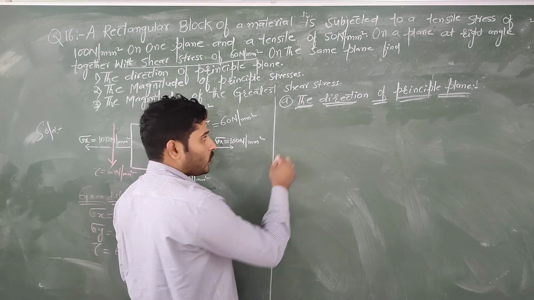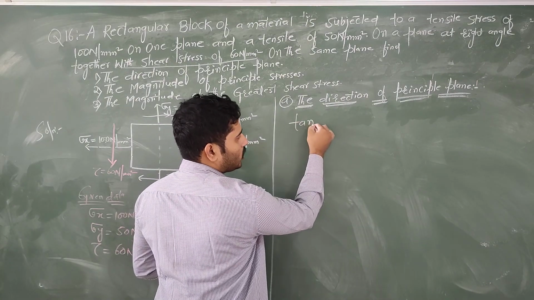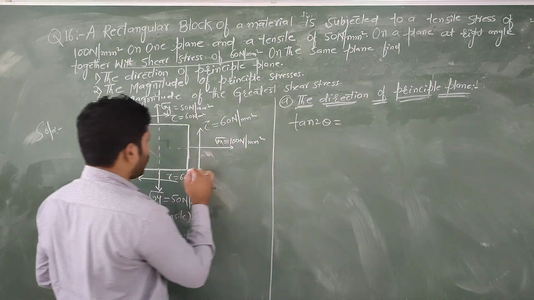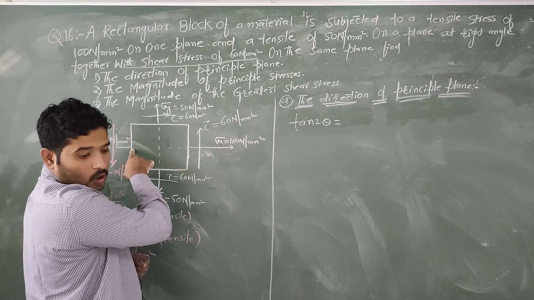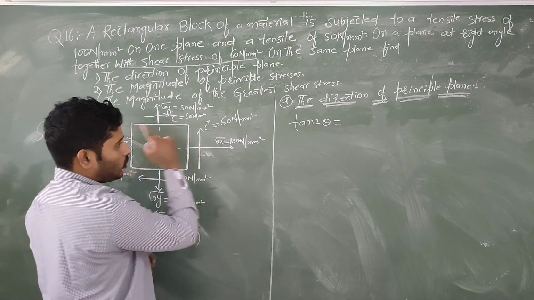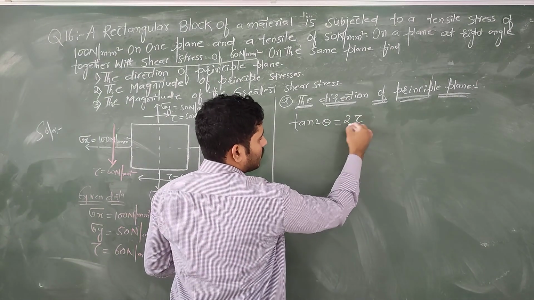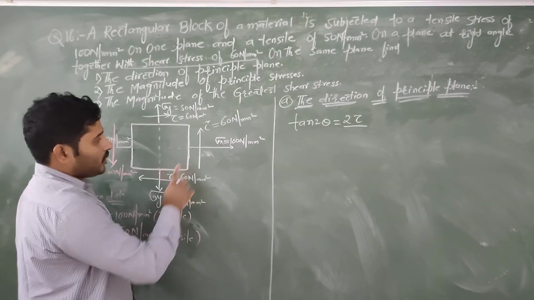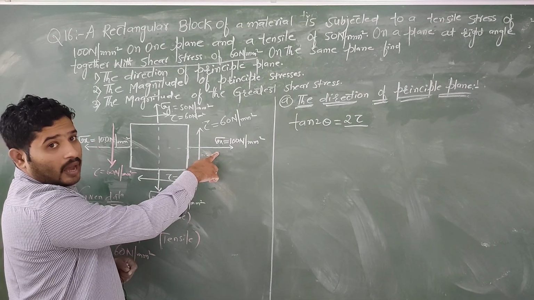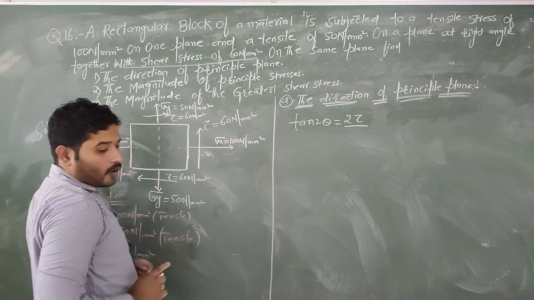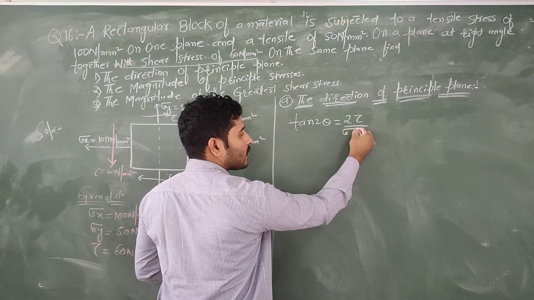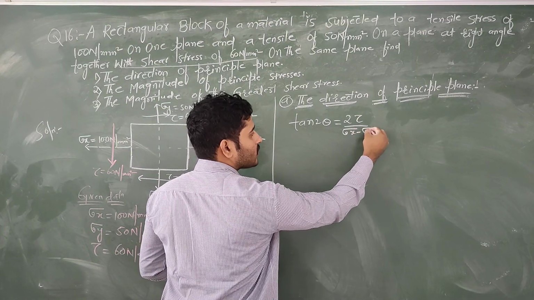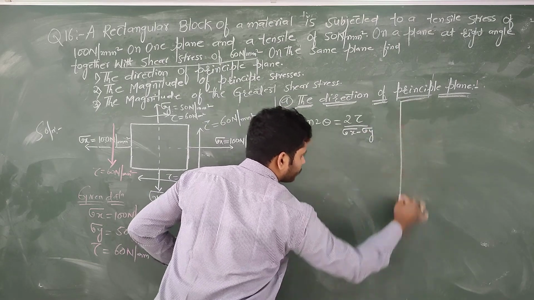The 2 in the numerator is because shear stress acts on both planes, sigma x and sigma y. So we present sigma x minus sigma y.